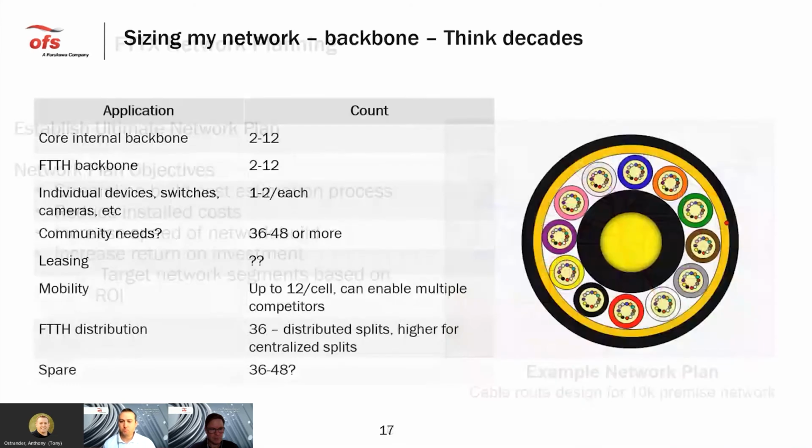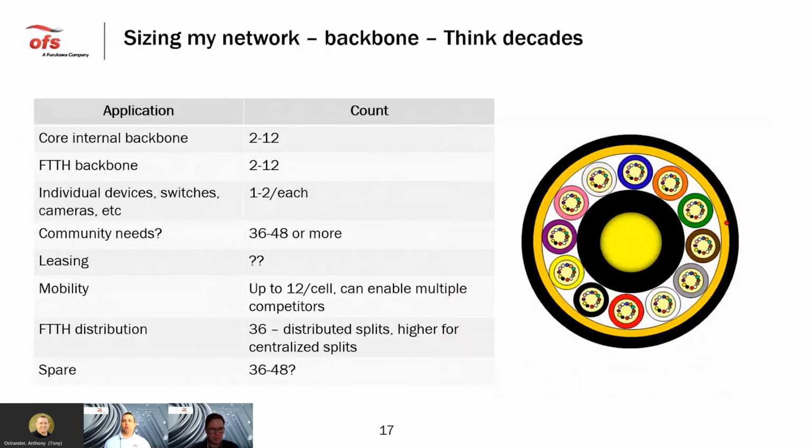All right, next slide. With the plan, the one thing that we like to stress and always want folks to keep in mind, especially with the backbone portion of the build, is don't think about just what you need today, but think about what you're going to need 10 years from now, 20 years from now. You really need to be planning this network for the future.